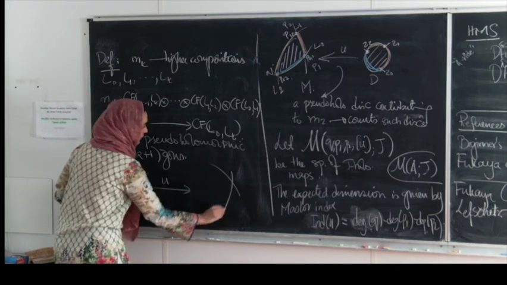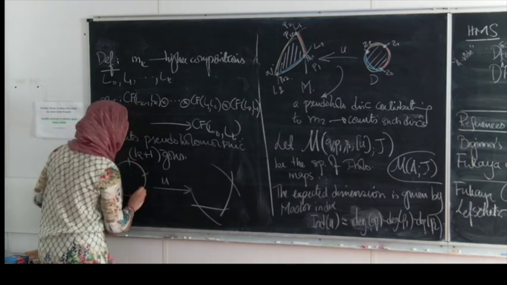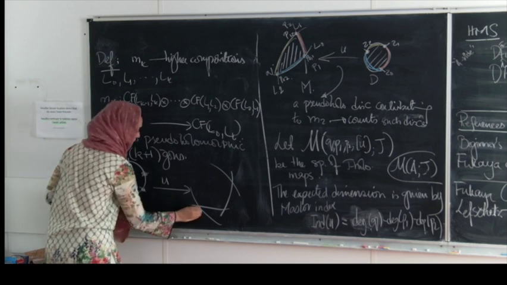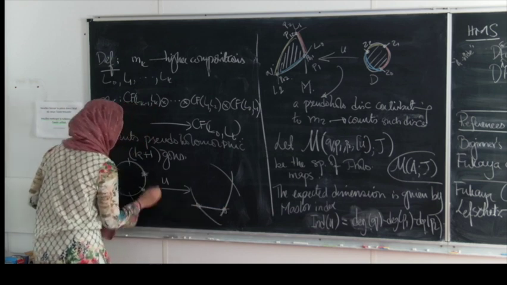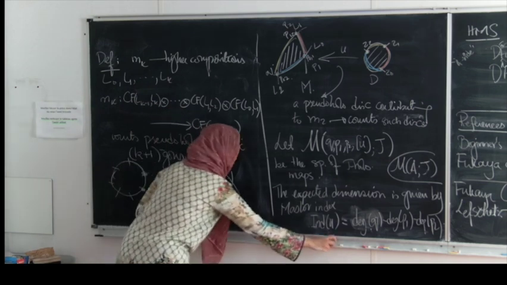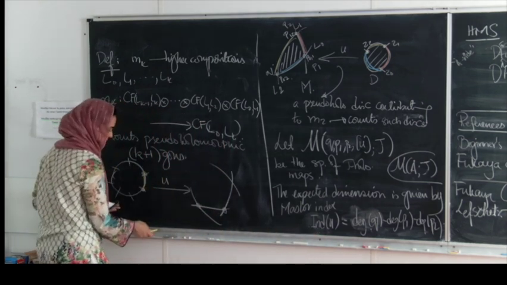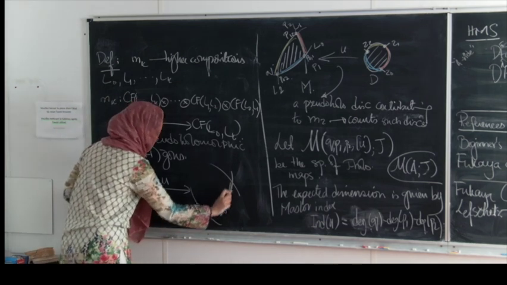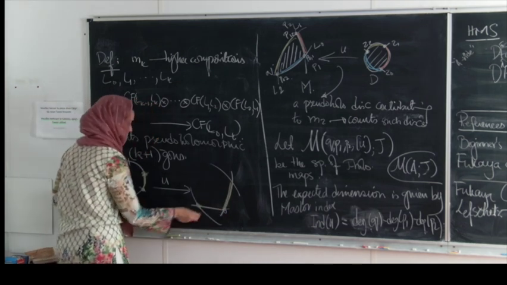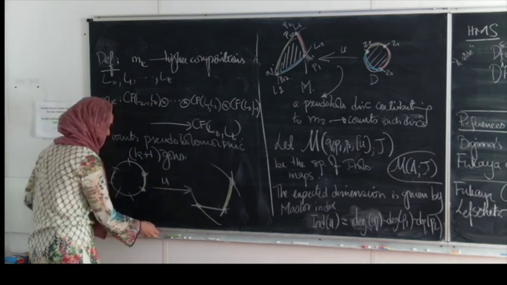So I made this picture. So you have these intersection points being mapped here, and these arcs on the boundary of the disk being mapped to the associated Lagrangian. Okay.